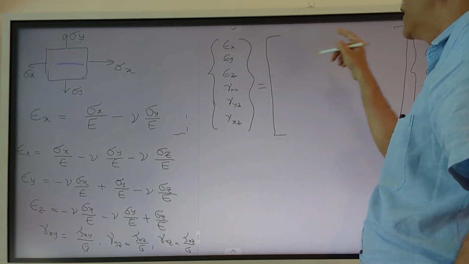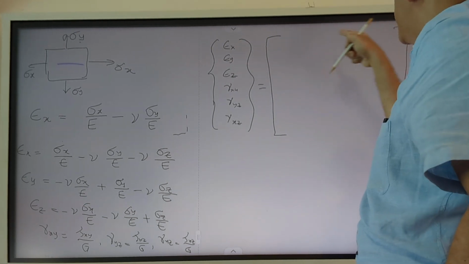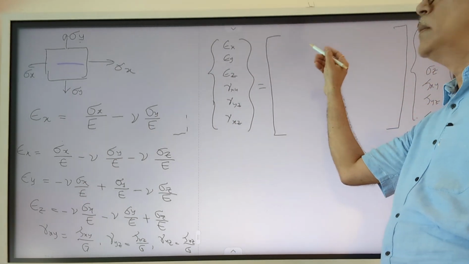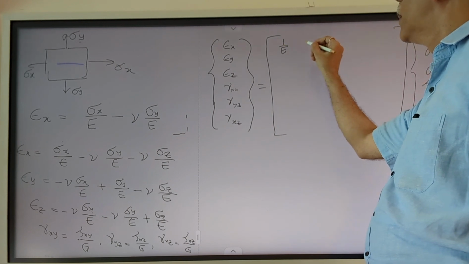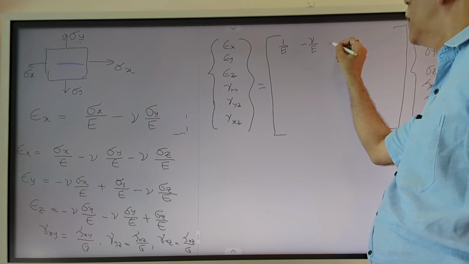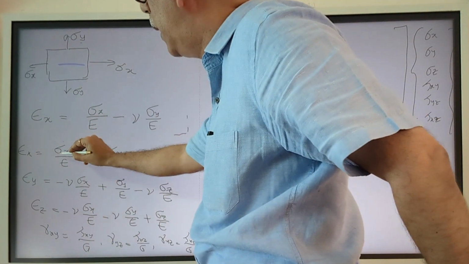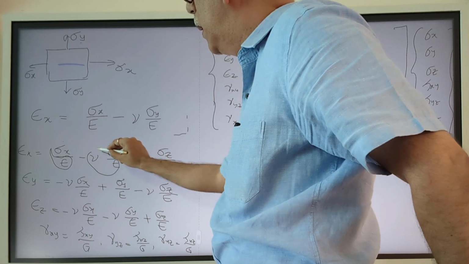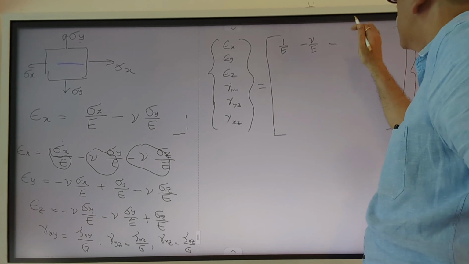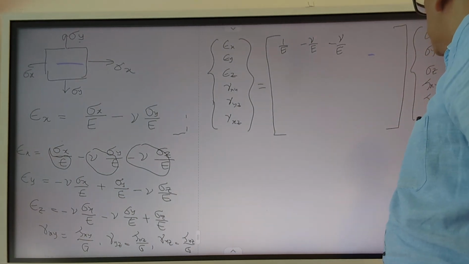So can you tell what will be the first row here? Epsilon x equal to sigma x into this, sigma y into the second, like that. So what will be the terms which will come in the first row? It will be 1 by E, minus nu by E. What will be the third component? So first is 1 by E, then minus nu by E, and here also minus nu by E. And then we have the shear stress components, tau xy, tau yz, tau xz.